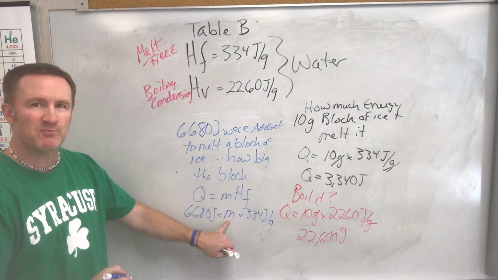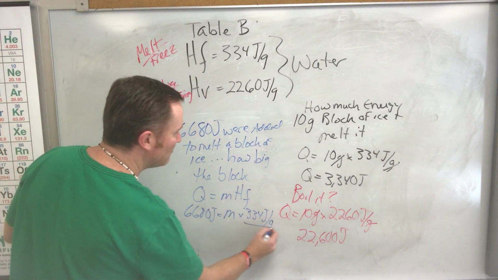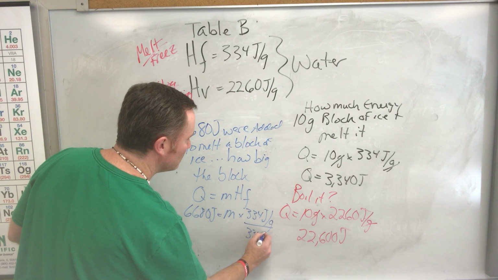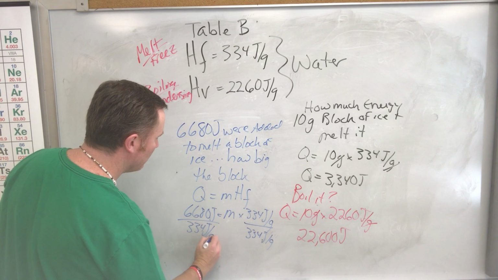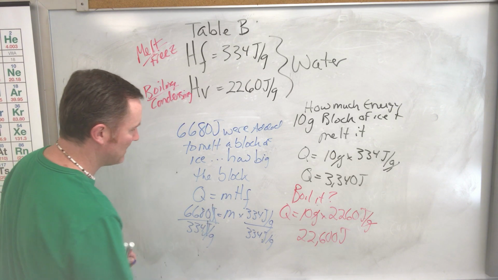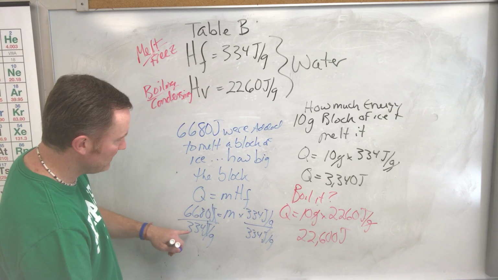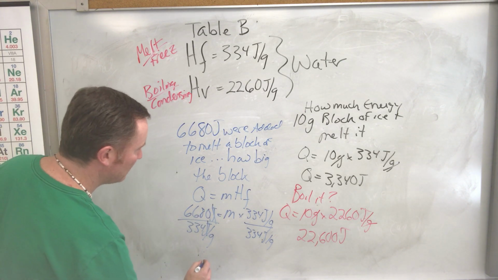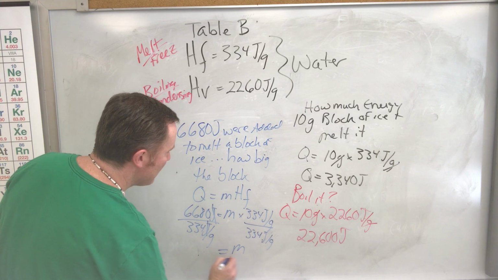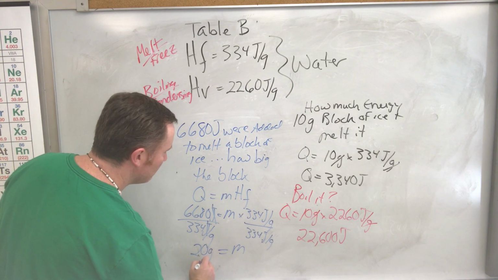So I want to get mass by itself. I need to divide both sides by 334 joules per gram. My joules are going to cancel out. My mass is going to be 20 grams.